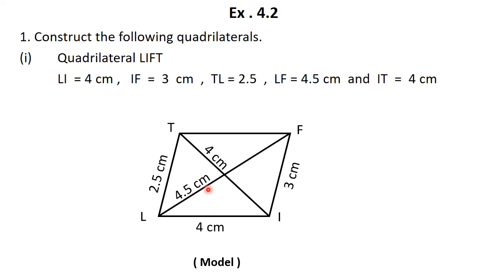So here we can see clearly that the lengths of 2 diagonals are given, which are 4.5 cm and 4 cm, and 3 sides are given, which are 2.5 cm, 4 cm, and 3 cm. Now by seeing this rough sketch only, we have to construct the quadrilateral.